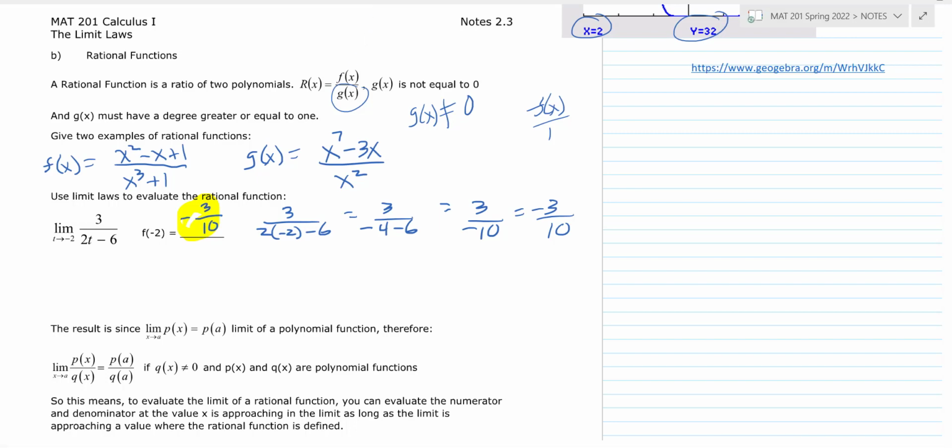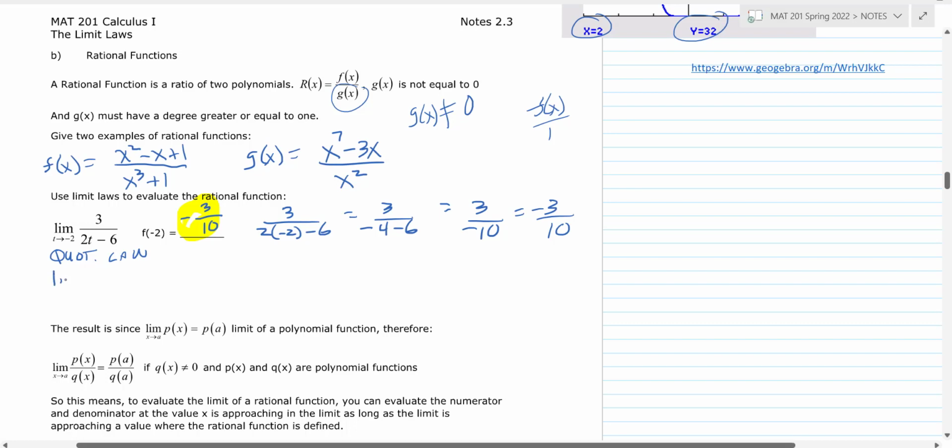Now, if you applied the limit laws, you would use the quotient law. And if you did the quotient law, you would have the limit as t goes to negative 2 of the numerator divided by the limit as t approaches negative 2 of 2t minus 6.